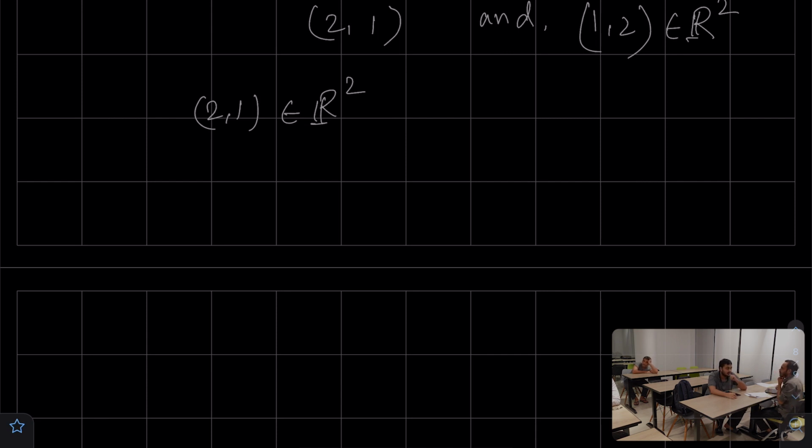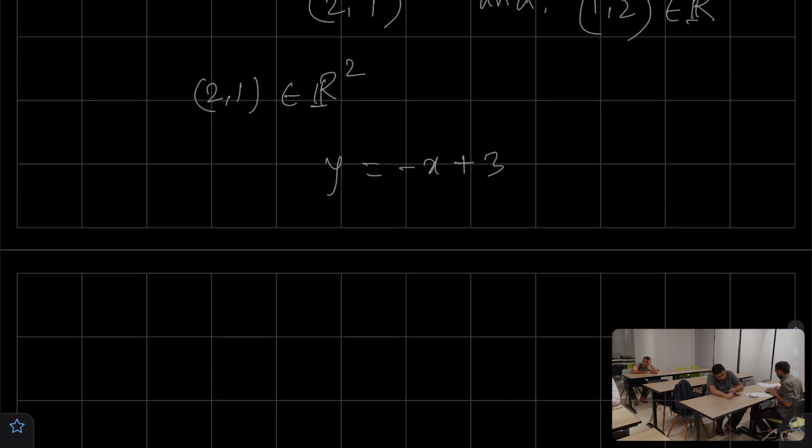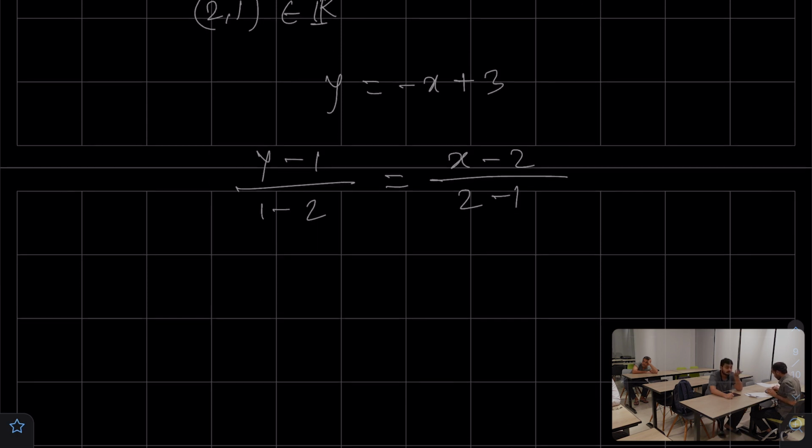Can you construct the equation? Yeah, the equation is y equals minus x plus 3. I'll just use the formula: y minus y1, that is 1, divided by 1 minus 2, equals x minus 2 over 2 minus 1. Then if you simplify, this will reduce to this, right?